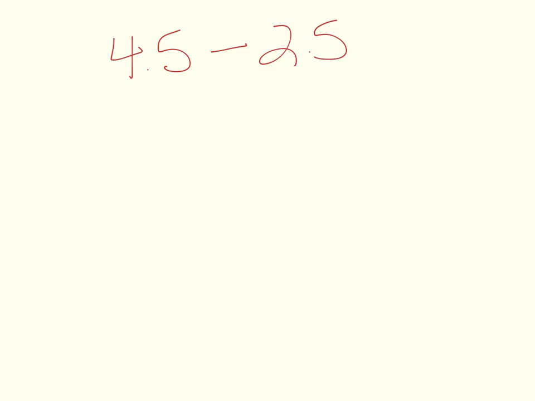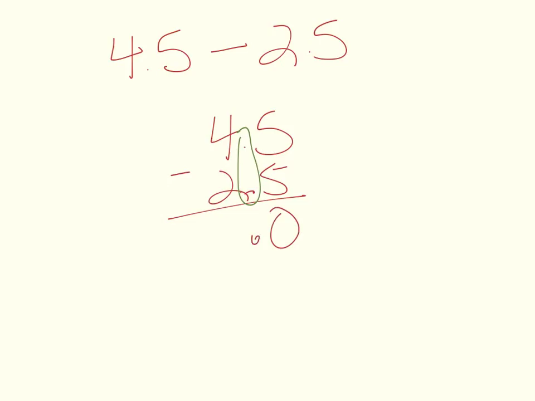In that case, we can line up our problem, 4.5, subtract 2.5, making sure we line up our decimals correctly, and then just subtract normally. 5 subtracted from 5 is 0, drop our decimal. 2 subtracted from 4 is 2, leaving us with an answer of 2.